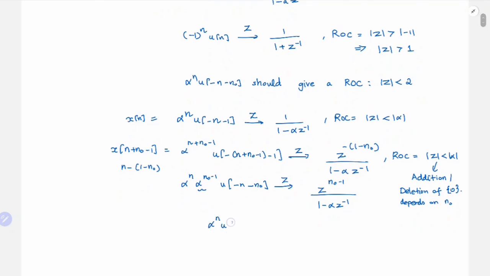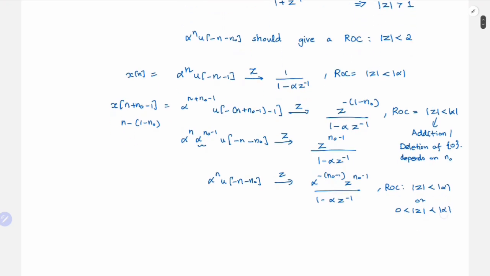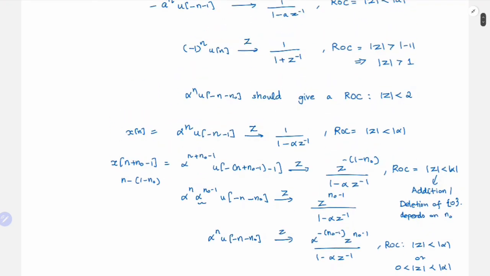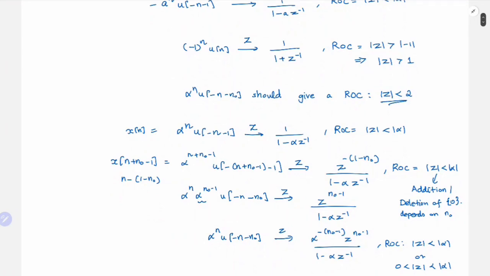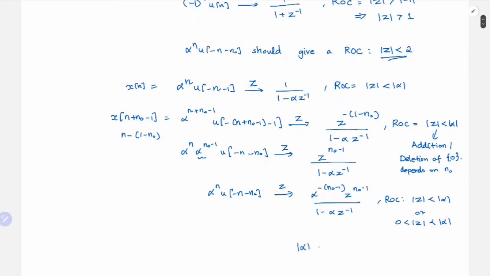We'll have alpha power n u of minus n naught giving a z transform of alpha power minus of n naught minus 1 z power n naught minus 1 by 1 minus alpha z inverse. So your ROC will be either mod z less than mod alpha or 0 less than mod z less than mod alpha. Anyway, mod z is greater than 1 from the first part, and you only want this thing. So your mod alpha should be equal to 2. This is your constraint on alpha.